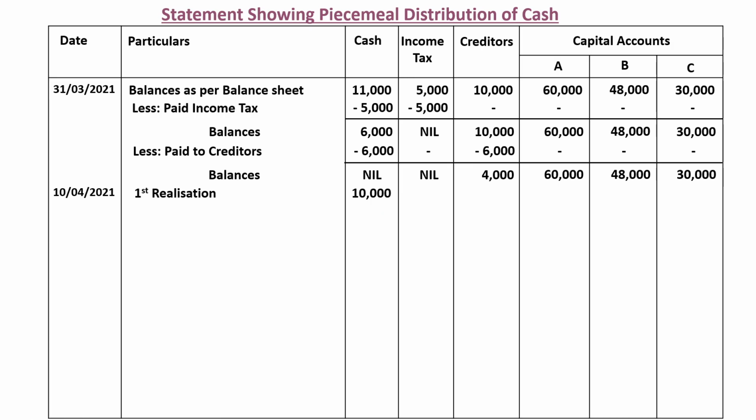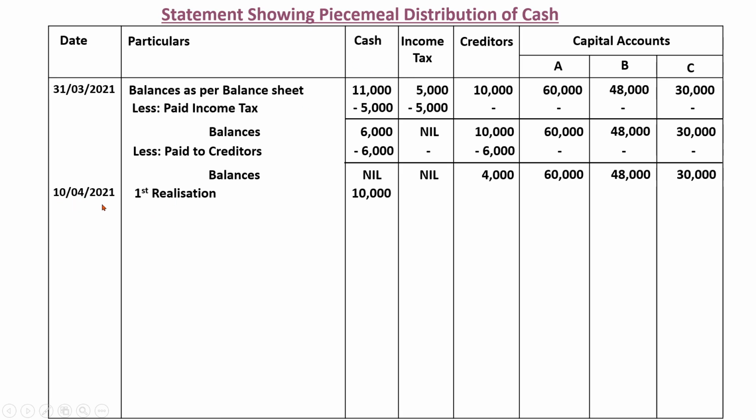Okay, so friends, that's why the first three columns are common in every question, right? To solve a question on piecemeal distribution of cash, you need to prepare these three columns in every question, right? Date, particular, and cash, right?